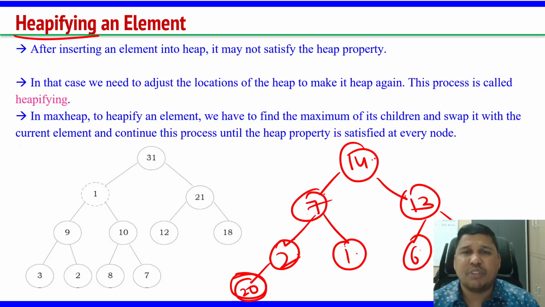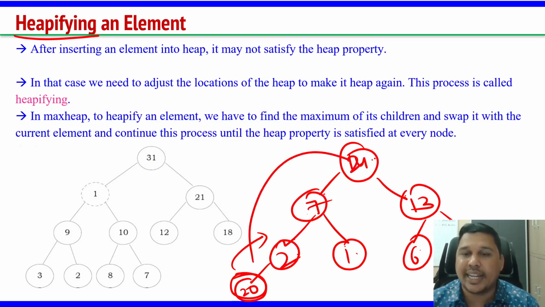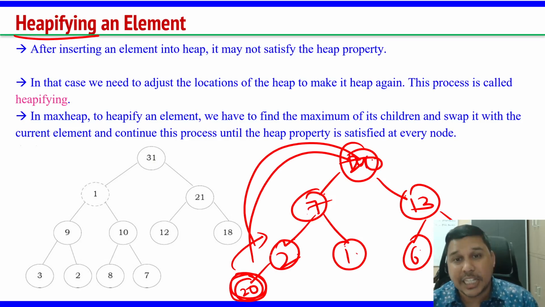Okay. We have to make some rotations, some movements, some swappings, and somehow bring this 20 here, because that is the largest element, and the property of max heap is that always the largest element should be at the root. So, this 20 which I am inserting here, somehow I should do some transformations and bring it back to the root. This process is called heapifying.